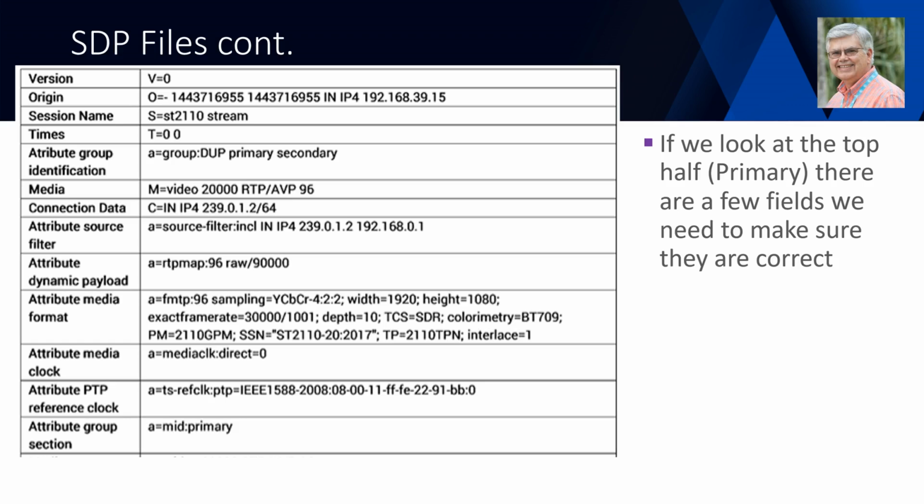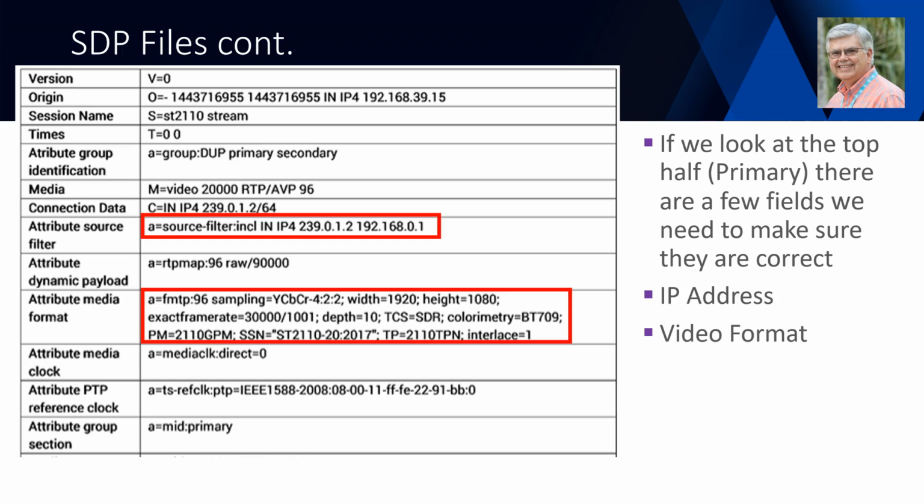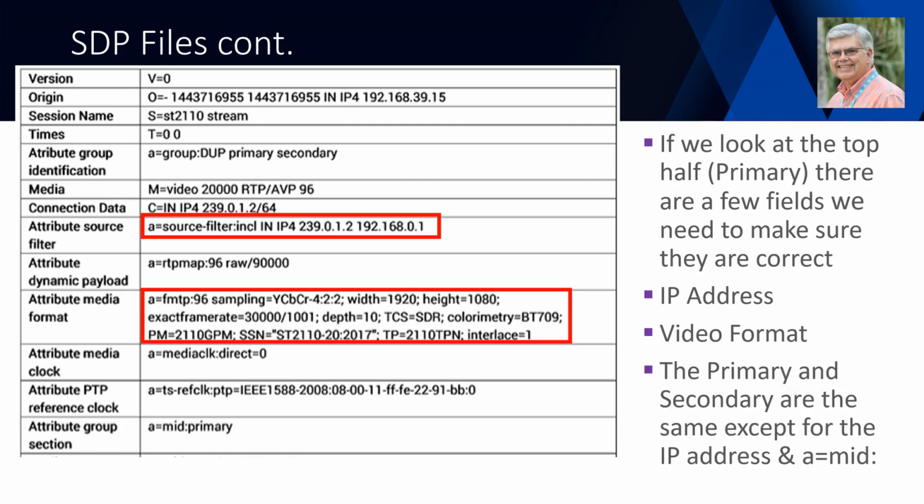And it'll tell you the resolution and everything else about the IP address. And the biggest piece is the destination address that you want to turn around and talk to in there. It'll also specify the video format down to, is it 10 bits? Is it 12 bits? Is it SDR, HDR? What's the frame rate? And everything else is contained in that SDP file.